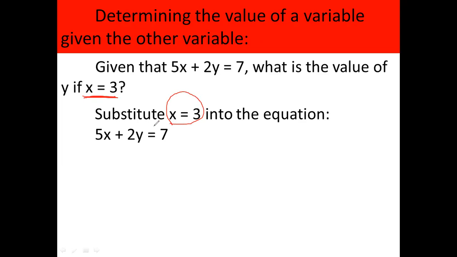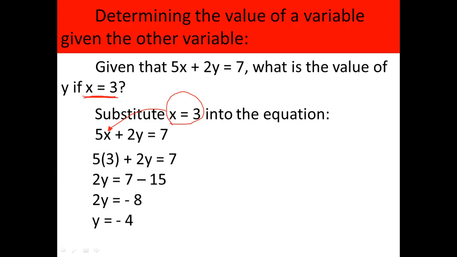So when we substitute x equals 3 in the equation 5x, you have now 5 times 3, because we said the value of x is 3. So therefore 5 times 3 plus 2y equals 7.